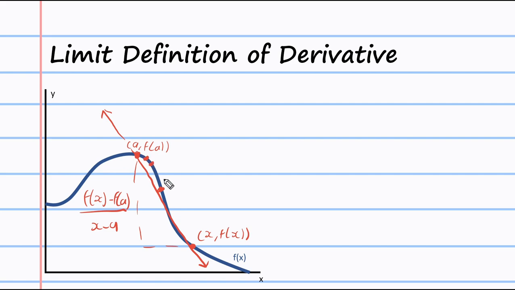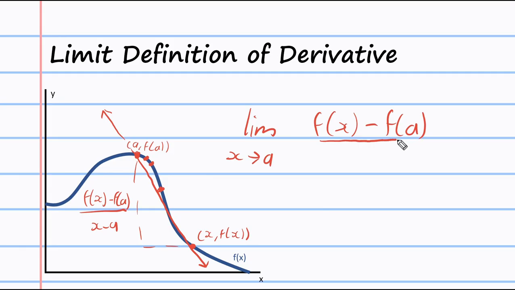So we're doing the same thing as we did previously, except now, instead of letting h approach 0, we're letting x approach a, and then obviously we want to evaluate the slope, so we write f of x minus f of a divided by x minus a, and that equals the derivative of f at x equals a. So we just write that as f prime of a.